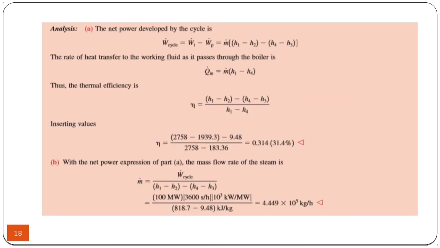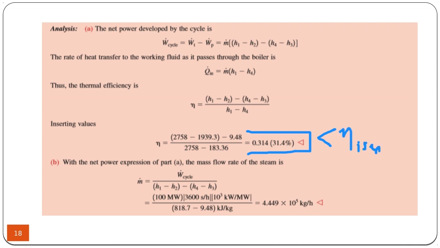So we can now recalculate the actual cycle work as opposed to the isentropic cycle work. When we calculate the actual cycle work and find the efficiency, we find that the efficiency has dropped from 37% to 31%. So this is less than with the isentropic pump and turbine.